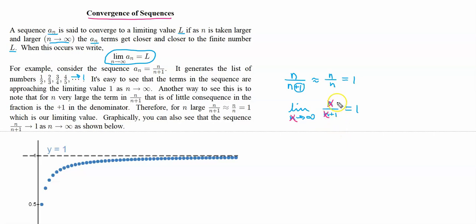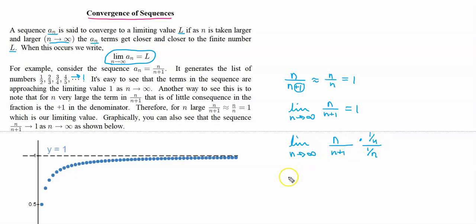You multiply the numerator and denominator by 1 over the highest power of x appearing in the denominator. So in this case, let's just put the n's back in there. We would multiply this as follows. Right, multiply by 1 over n to the highest power of the n in the denominator, which is 1.